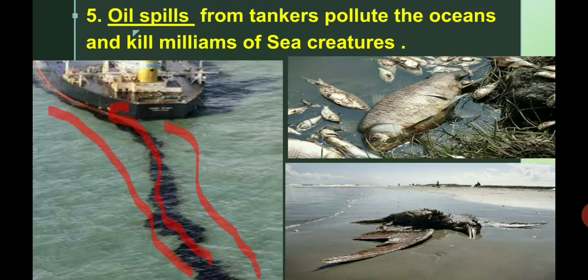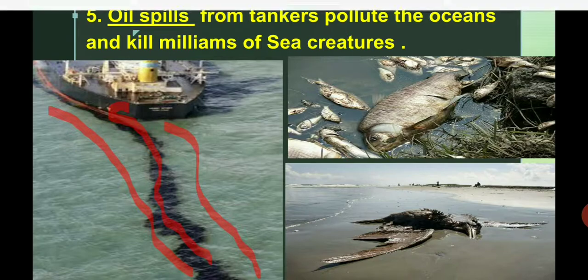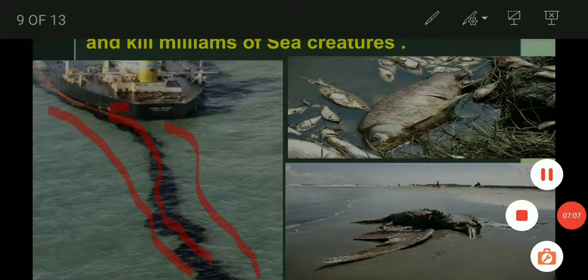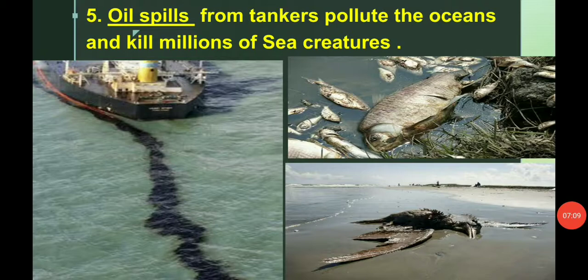So in your question number 5, oil spills from tankers pollute the ocean and kill millions of sea creatures.